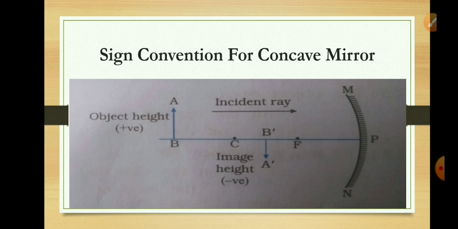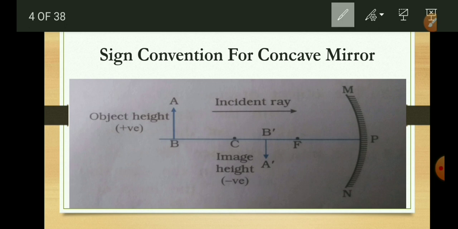So the sign to the object distance should be given as negative, because this is our pole, and what we learn, anything to the left is negative, anything to the right is positive.